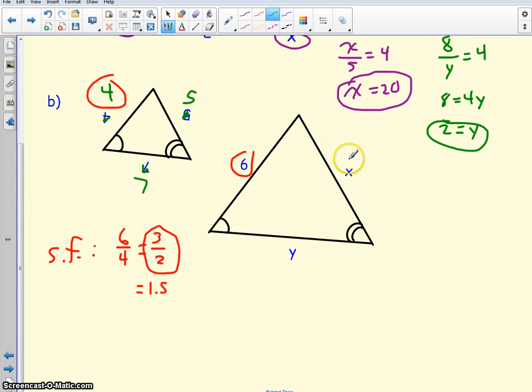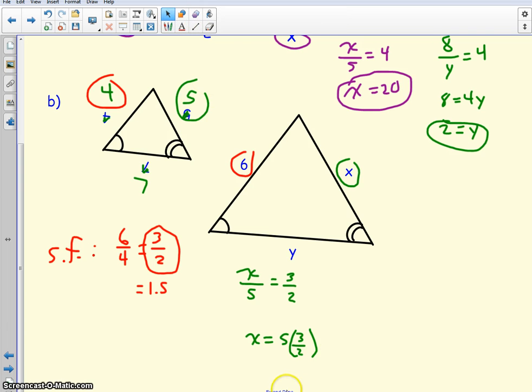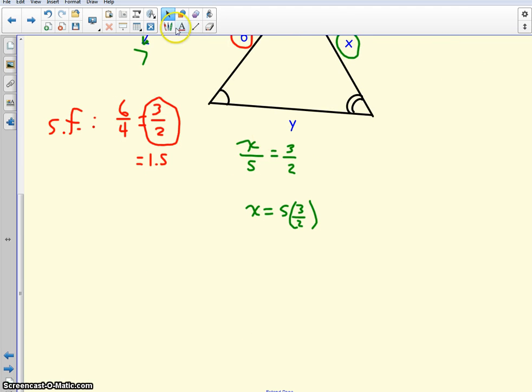So looking at this pair over here, x and 5, x over 5 equals 3 over 2. Multiply both sides of the equation by 5. And when you do that multiplication, you should get 15 over 2 as the final answer.